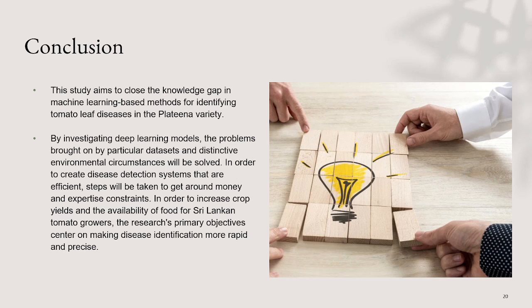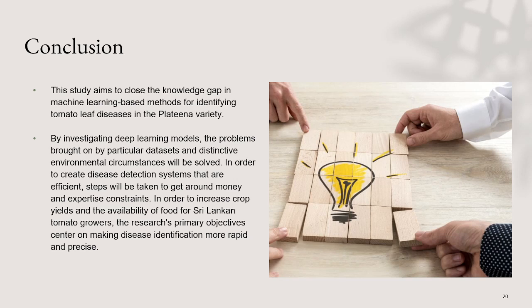In order to create disease detection systems that are efficient, steps will be taken to get around money and expertise constraints. And in order to increase the crop yields and availability for Sri Lankan tomato growers, the research is primarily objective centered on making disease identification rapid and precise.